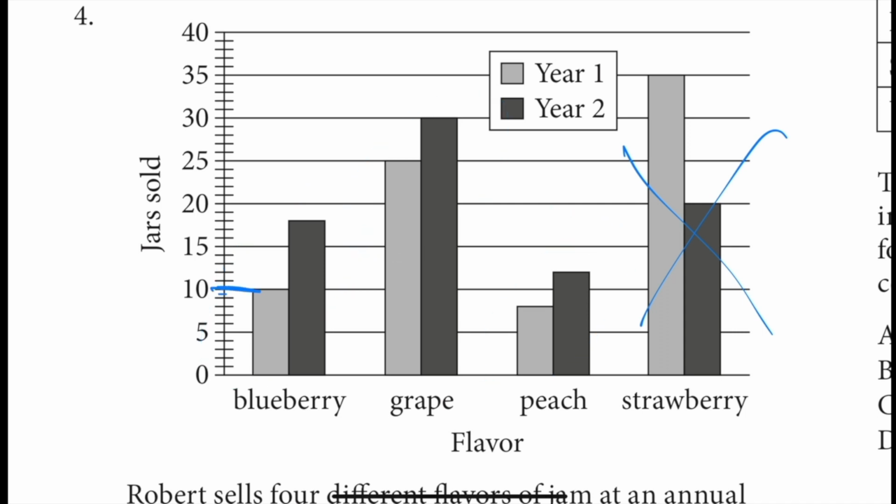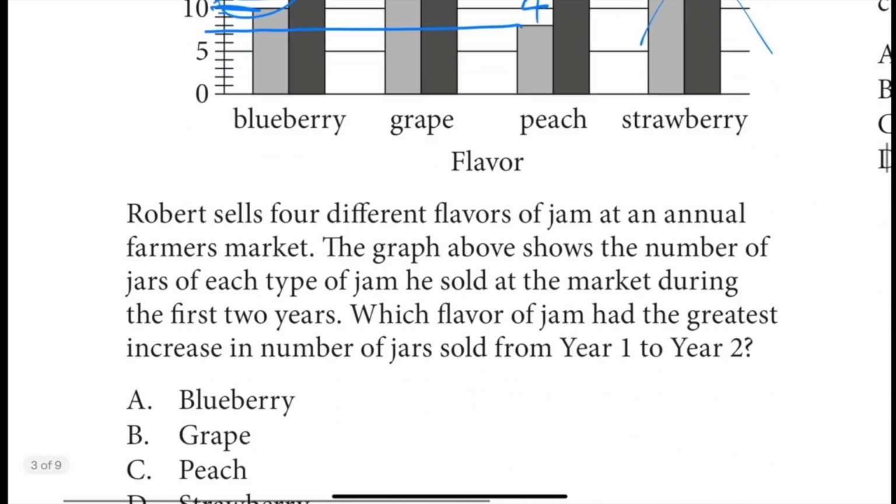This one went from 10 to 18, so the increment is 8. This one from 25 to 30, 5 the increment. This one went from 8 to 12, that's 4. This one decreased from 35 to 20, so it went down 15. Out of the remaining 3, the biggest increment is blueberry.